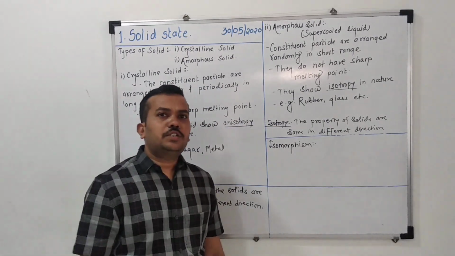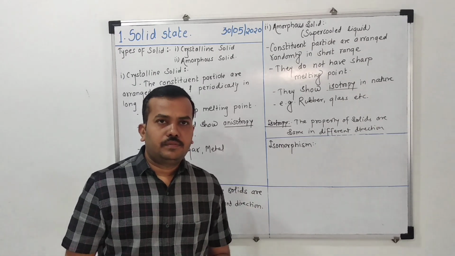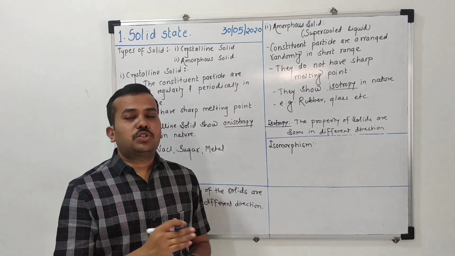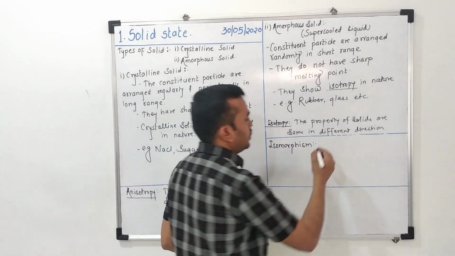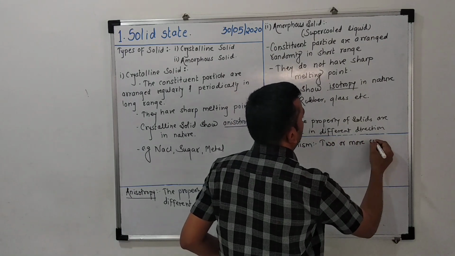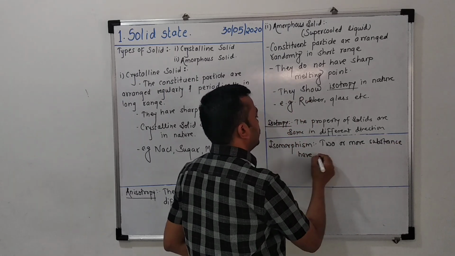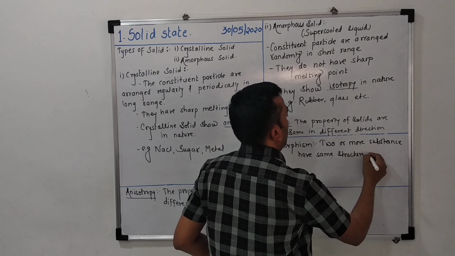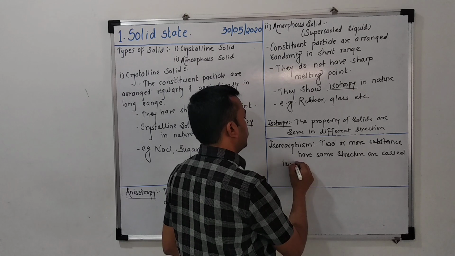If two or more solid substances are different but can exist in the same structure, that is called isomorphism. Two or more substances that have the same structure are called isomorphous.